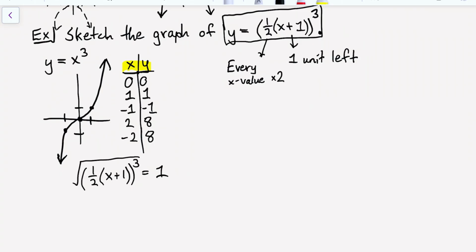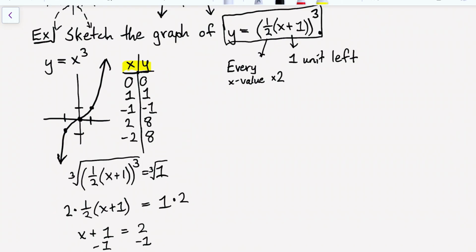So I would take a cube root of both sides, and I would have 1/2 times x plus 1 equals 1. I would multiply both sides times 2 to undo the 1/2. I would have x plus 1 equals 2, and I would subtract 1 from both sides, and I get x equals 1.